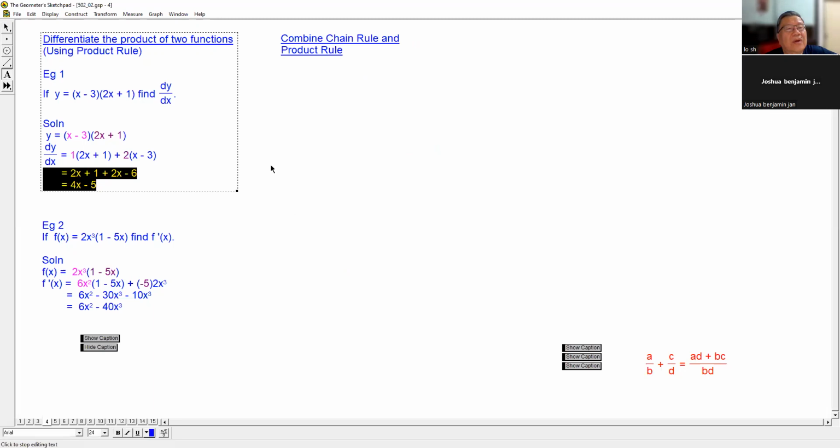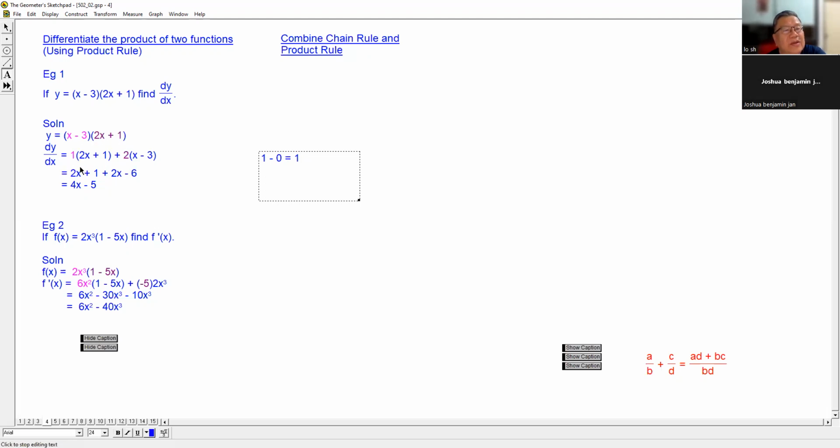So when you differentiate x, it becomes 1. Then minus 3 differentiate becomes 0. So the answer is 1. That's how you get the 1 here.